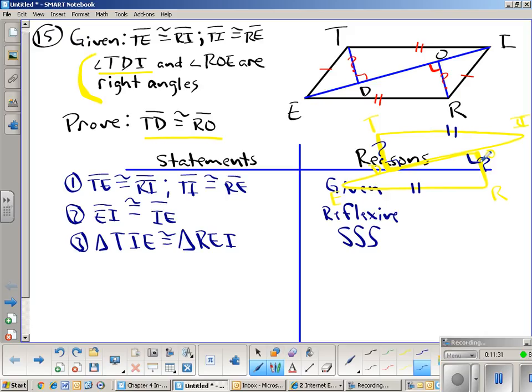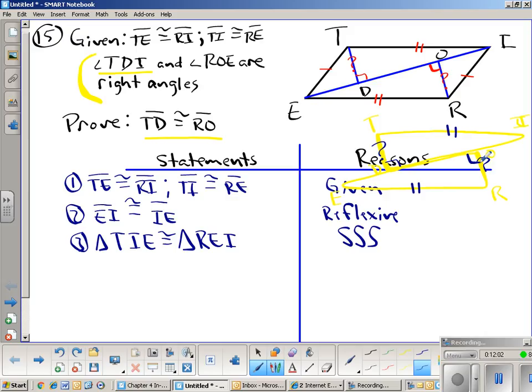Why is that helpful to know they're right angles? Yeah. Because it's like something to do with HL, the HL thing. If I wanted to prove they were right triangles and use HL, I could maybe do that. I don't think HL is the way we want to go here.